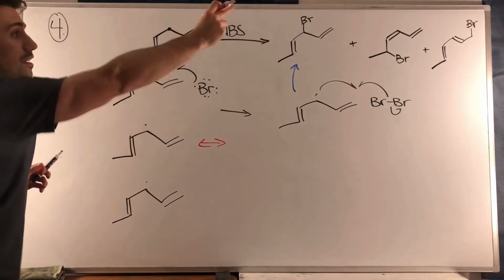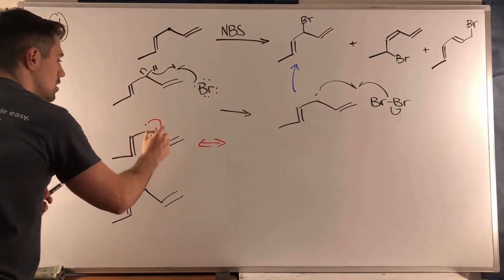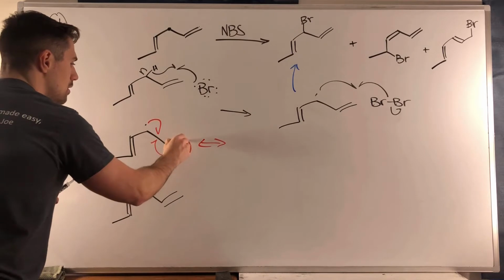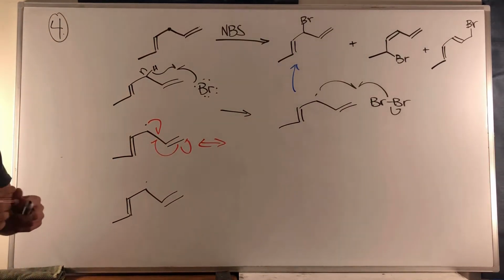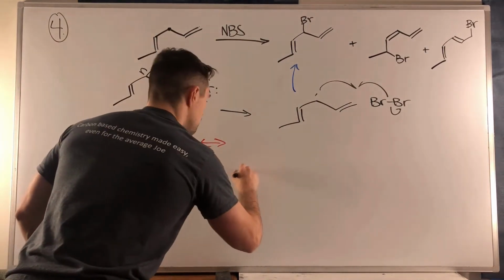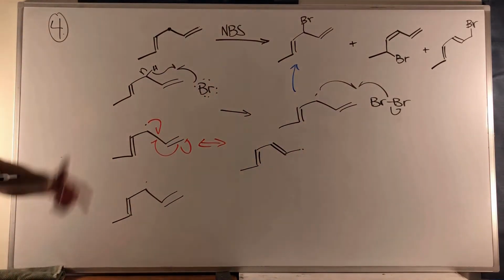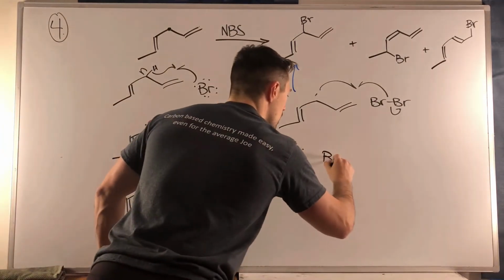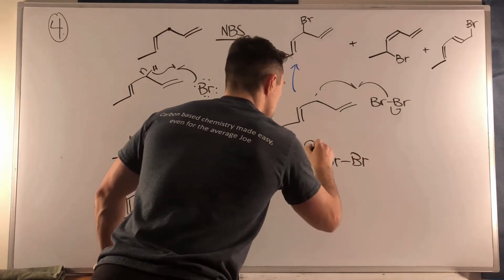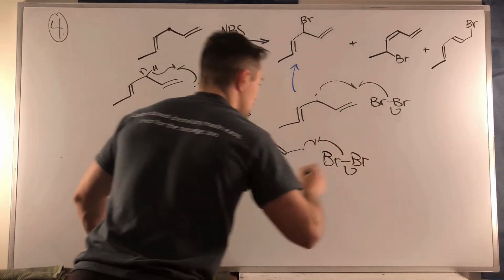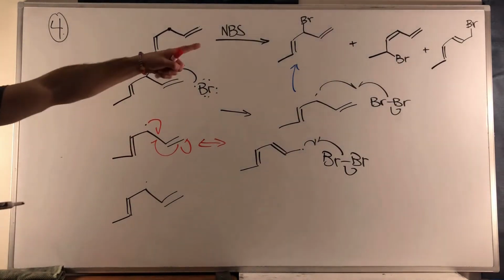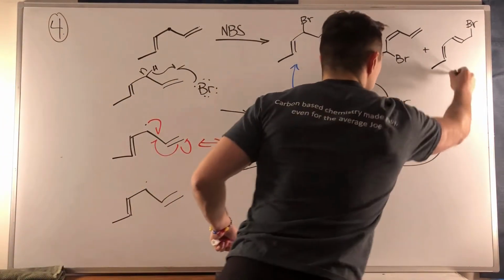To explain the top right structure, I could swing that down, swing this down, and put a radical on the terminal carbon so that we would get this right here. Then you would brominate, so we grab bromine, and then we get the structure over here.